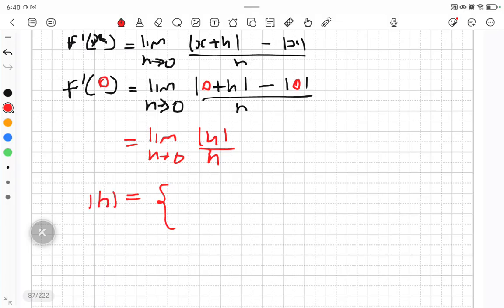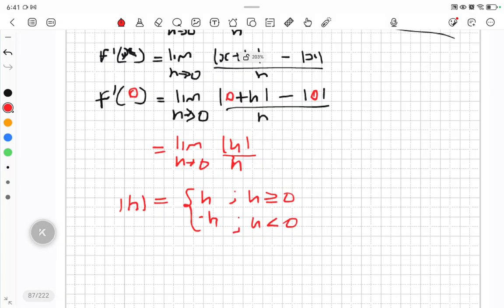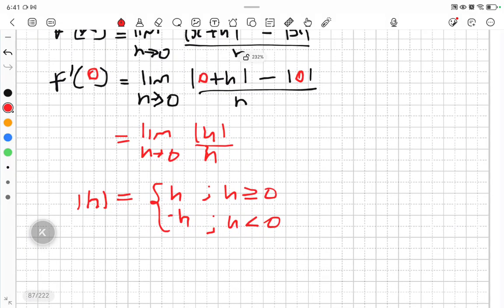The absolute value of h will be positive h if h is greater or equal to 0, and negative if h is less than 0. So in other words, what I'm saying is that this will be like this.